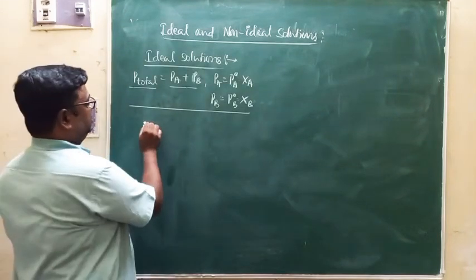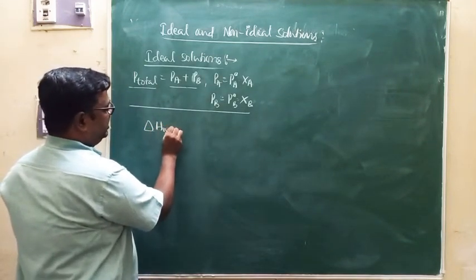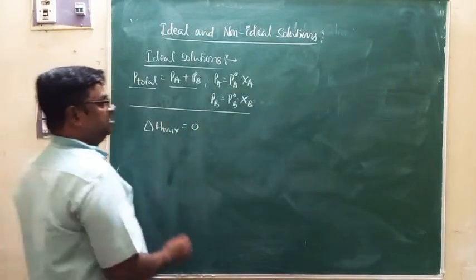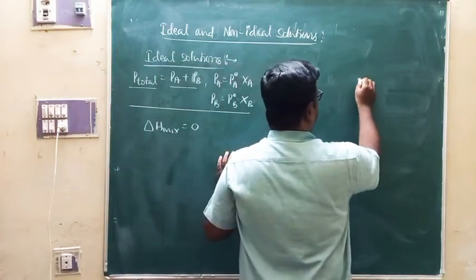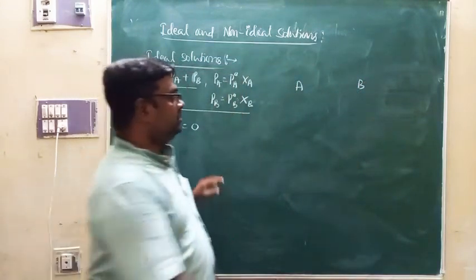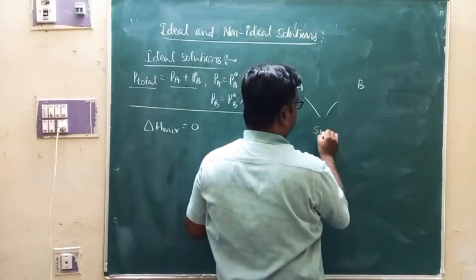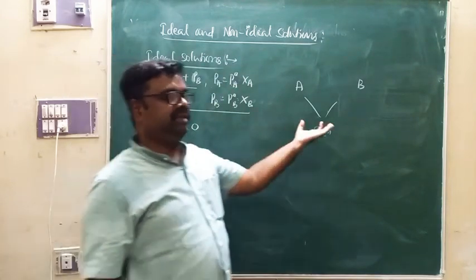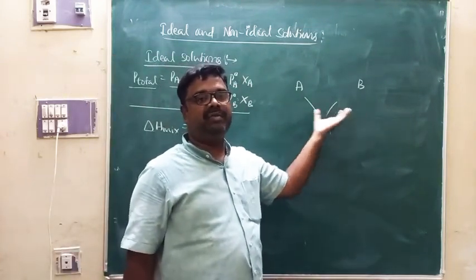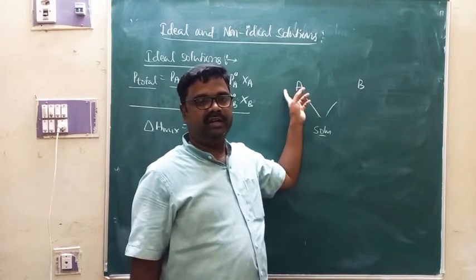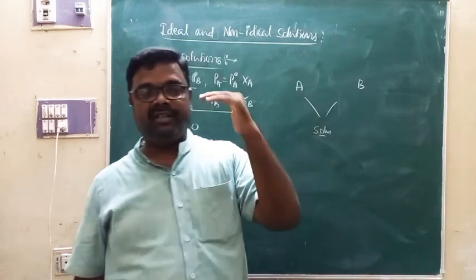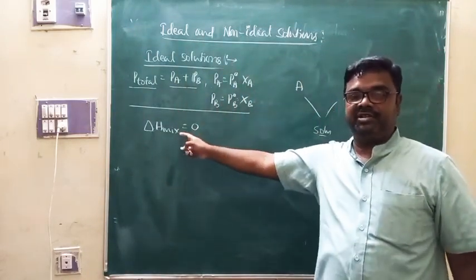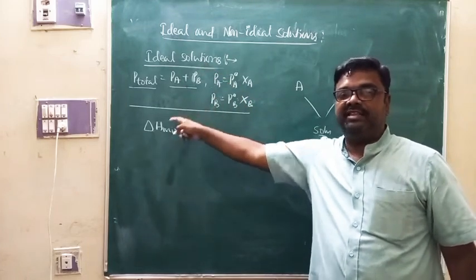In the case of ideal solutions, enthalpy of mixing is equal to 0. If I consider 2 liquids, say liquid A and liquid B, when these 2 liquids are mixed, you are going to get a solution of A and B. During mixing, no heat will be liberated or absorbed. If there is no liberation or absorption of heat when liquids A and B are mixed, then that solution is considered to be an ideal solution.